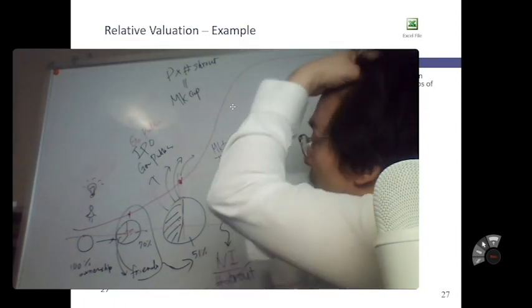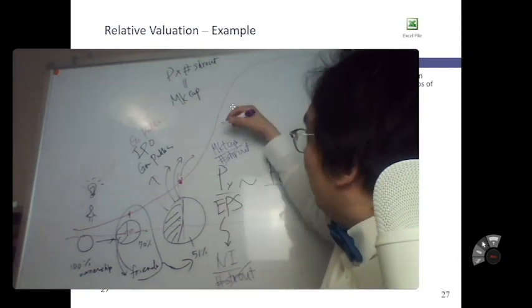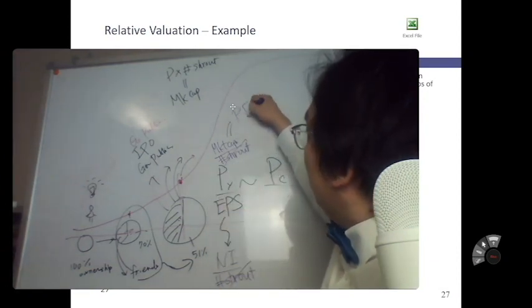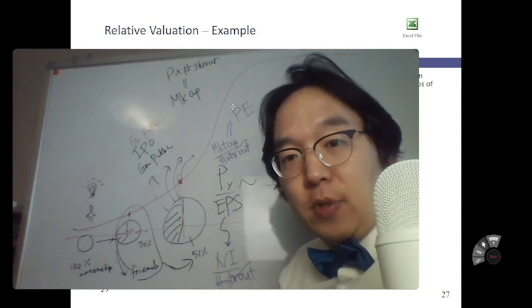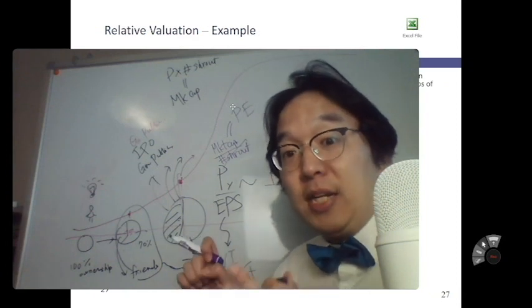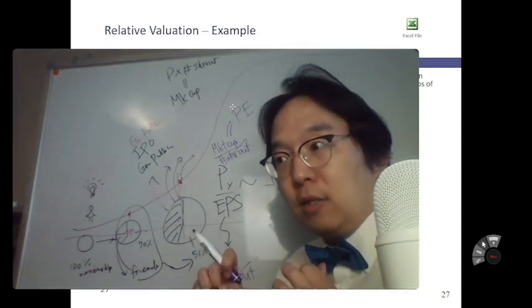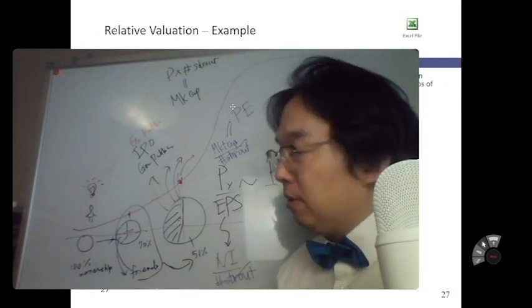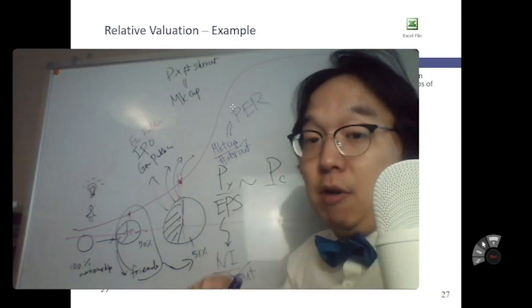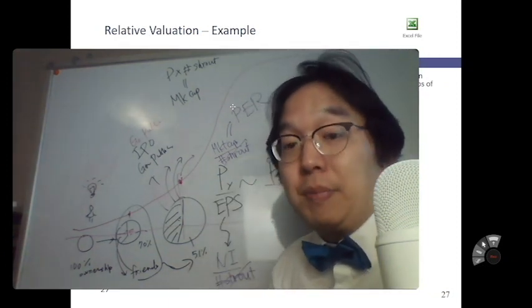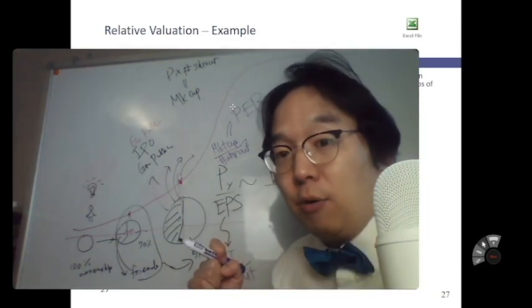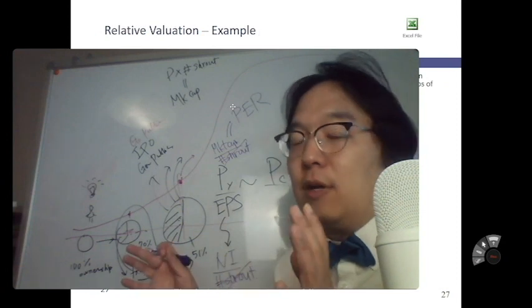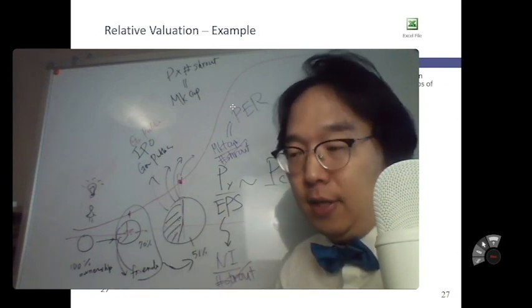We call this the PE ratio. In American jargon, PE ratio. In the Korean financial market, they call it PER. I don't care whether you call it PE or PER. I assume that they are the same thing.